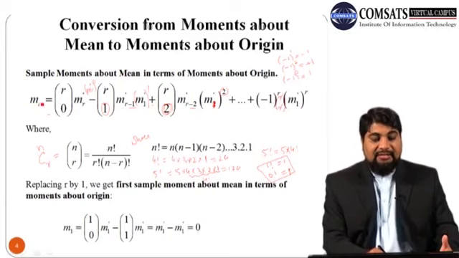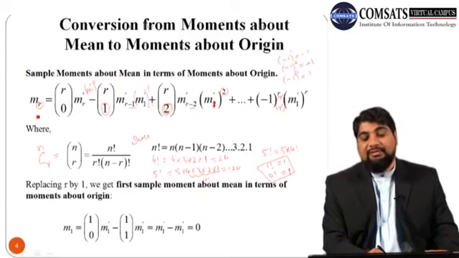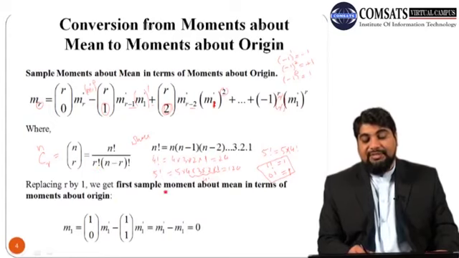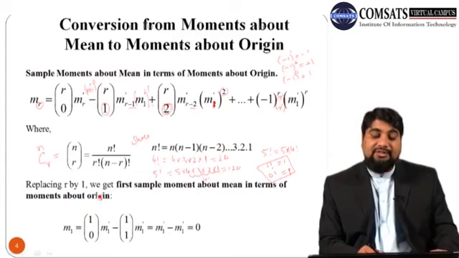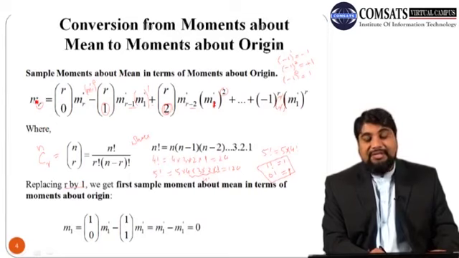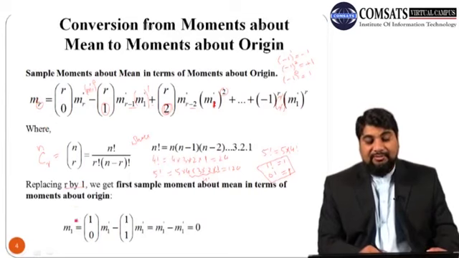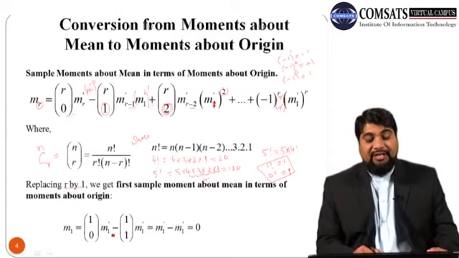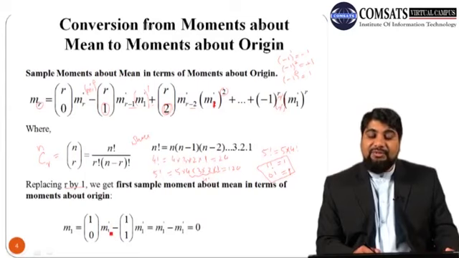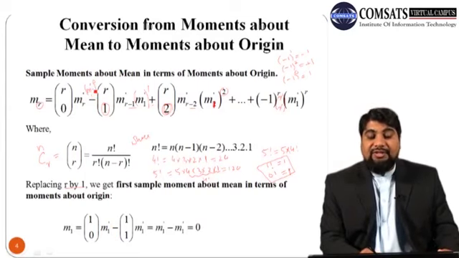If we replace this r in this formula by 1, we get the first sample moment about mean in terms of moments about origin. So just replace r by 1 in this formula. Replacing r by 1, we get m1, and here rC0, so it means 1C0, and m dash r, so m dash 1, because r is replaced with 1, and there is no need to write this expression m1 dash raised to power 0, because anything raised to power 0 is 1.